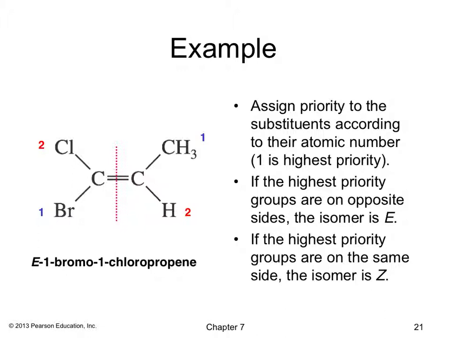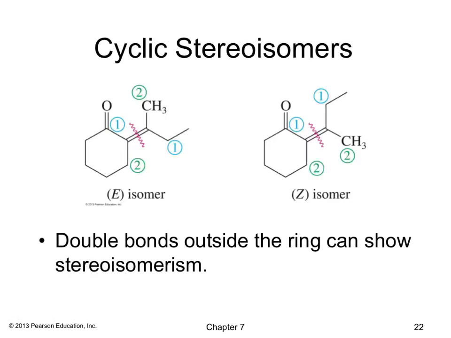Now, if the highest priority groups are on opposite sides of the double bond, it's E. If the highest priorities are on the same side, it's going to be Z. So this one is actually on the opposite side. As a result, it is E, and note it's italic.